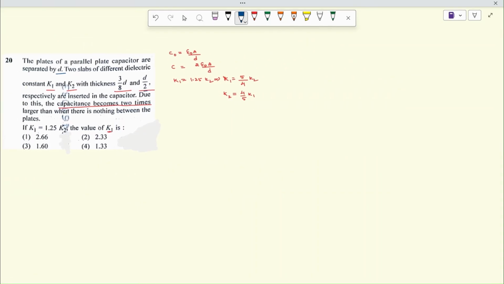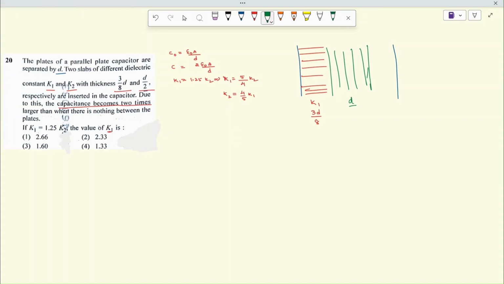Now the given capacitor can be drawn in this way. Two dielectrics are added. This is one, that is K1 with thickness 3D by 8. Second one like this with D by 2 thickness and K2 constant. But still some space is left. That space is nothing but air, means K is equal to 1.